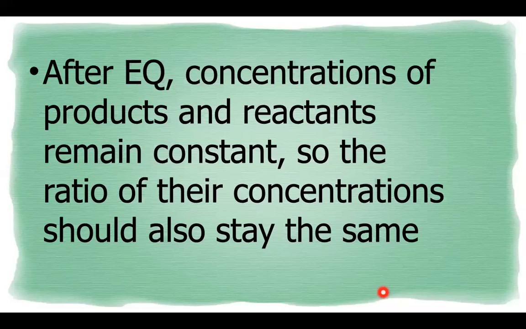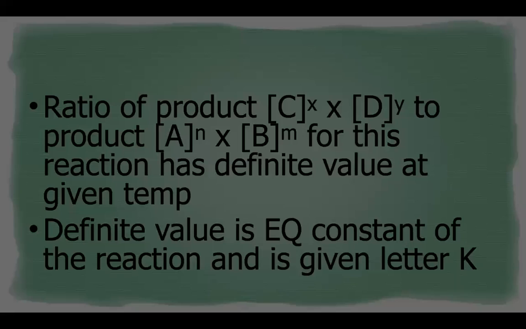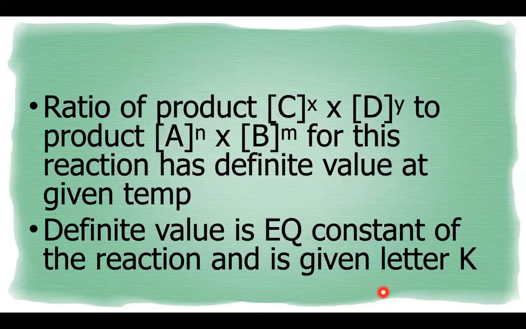After equilibrium, the concentrations of products and reactants remain constant, so the ratio of their concentrations should also stay the same. This is when we start manipulating ideas into forming a math equation, or a formula rather. The ratio of the product C to the X times D to the Y to the reactants A to the N times B to the M, sorry, for this reaction has a definite value at a given temperature.